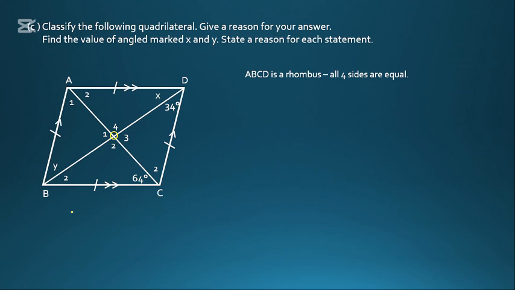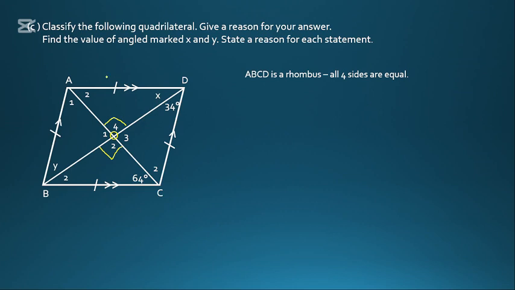Now before I start working out the problems, I'll first mark what I know about a rhombus. Right, so I know that in a rhombus the diagonals bisect at 90 degrees. So I'll do that, bisect at 90 degrees, so that I can remember that when I do my problems or my sums.